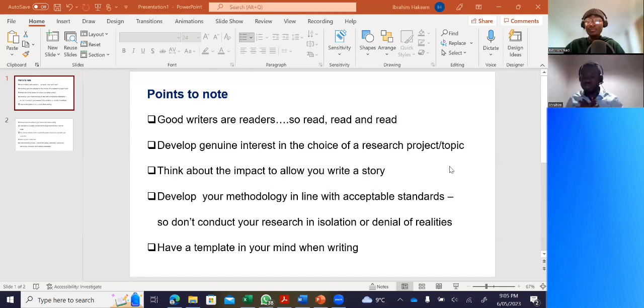At least it works for me. At one point, I had a particular manuscript in my head, and I knew exactly, I followed the format, I followed the steps, and it was really helpful, particularly for my first paper. So always have a template in your mind when you read. And that's why you need to read a lot and be able to distinguish really good papers from good papers. Some people are really, really good papers.